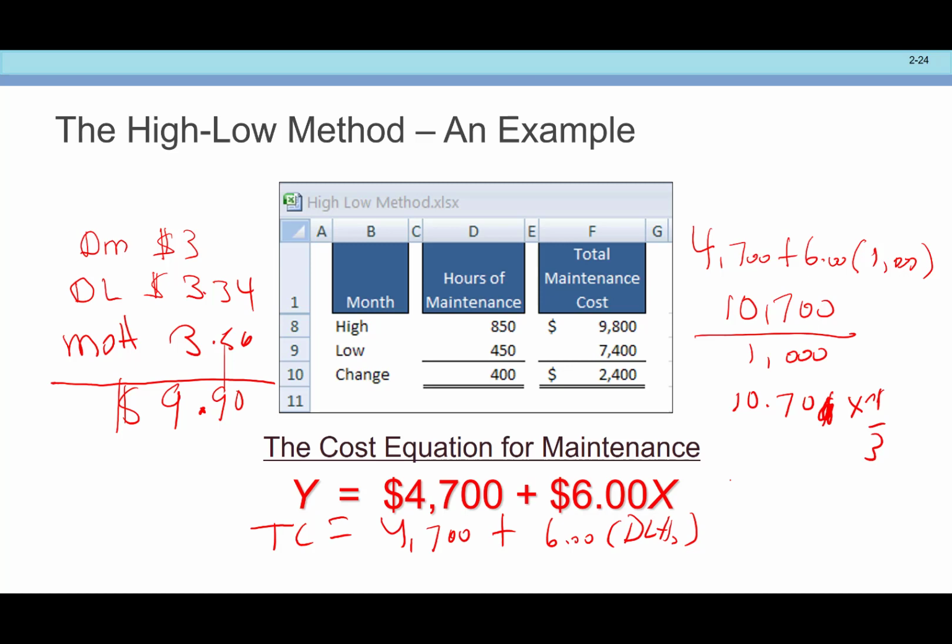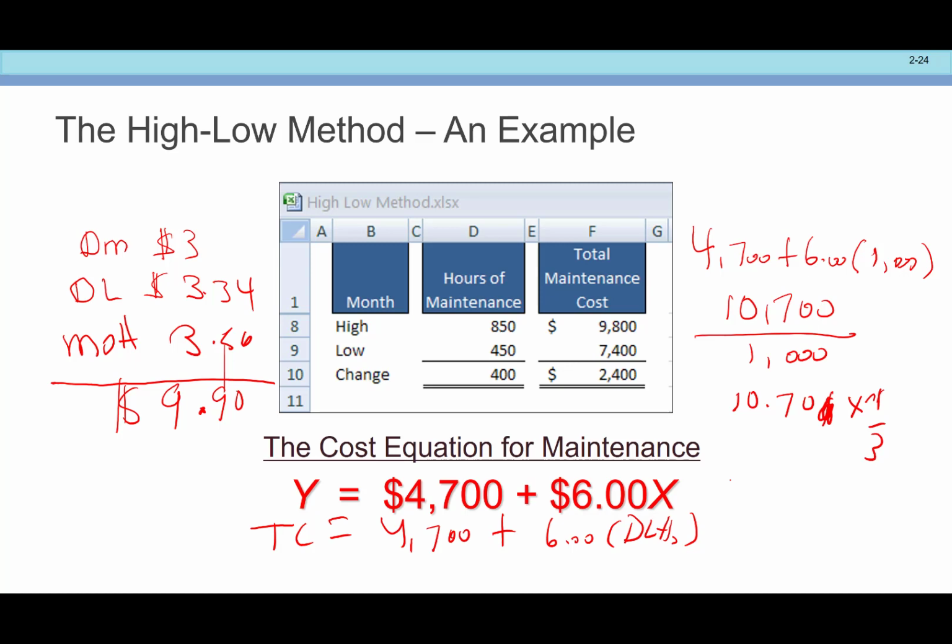The 1,000 times the $6 per unit plus the 4,700 means that we're predicting that next year we'll have a total overhead cost of 10,700. We are predicting that we're going to use what? 1,000 direct labor hours. So we are saying that our overhead rate is going to be $10.70 per direct labor hour.